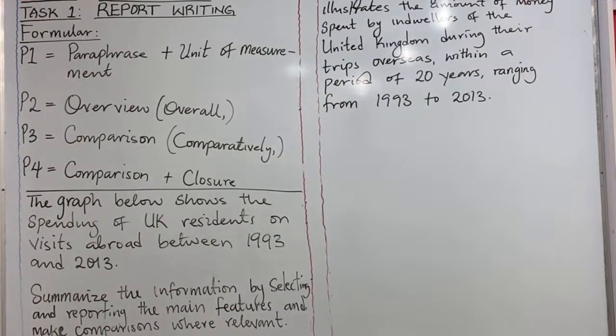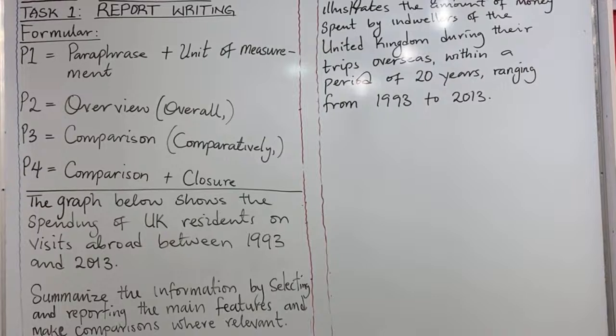Simply put, the given line graph illustrates the amount of money spent by the indwellers of United Kingdom during their trips overseas within a period of 20 years, ranging from 1993 to 2013. Now, that is a simple paraphrase of the original question that we have there on the board.